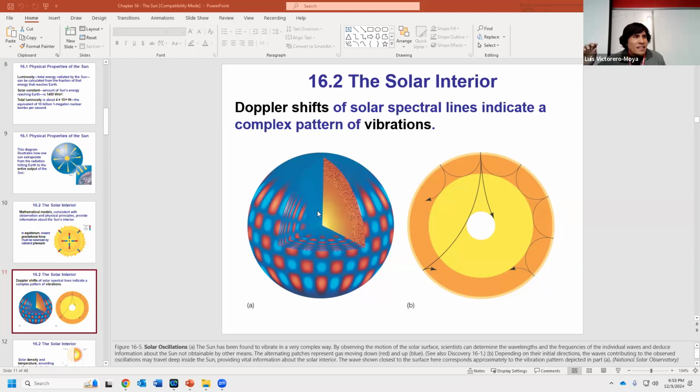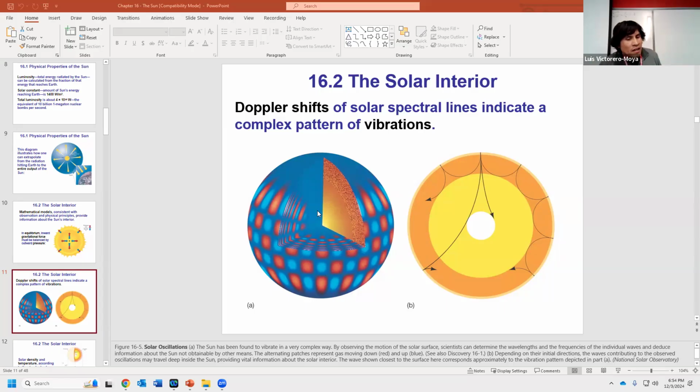You see the sun and you think that nothing is happening, but the sun is rotating. It has a period of rotation of about a month, and it's also vibrating. Why? Because of these forces that are acting in the interior. And because of that, we can see Doppler effect.